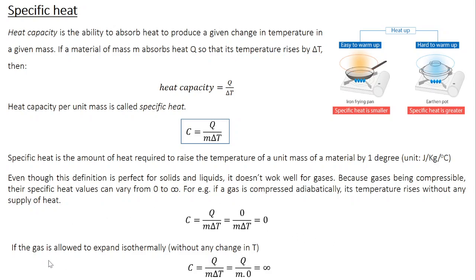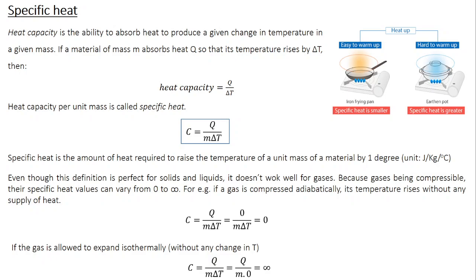On the other hand, if you consider the case of a gas which is expanding isothermally, in the case of an isothermal process, there is a heat exchange but temperature remains the same. Once again, if you follow the definition of specific heat, C equal to Q divided by m into delta T, but delta T, change in temperature, is now 0. So the denominator being 0, you get the value of specific heat as infinity. So there is a huge variation in the value of the specific heat when it comes to gases, which means you need to impose additional constraints.